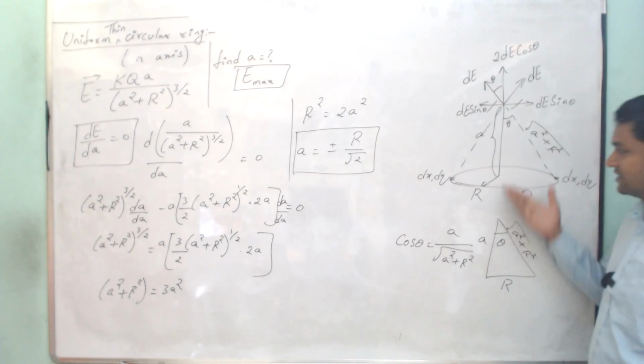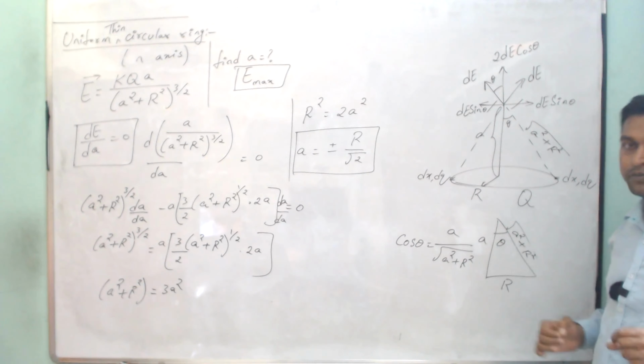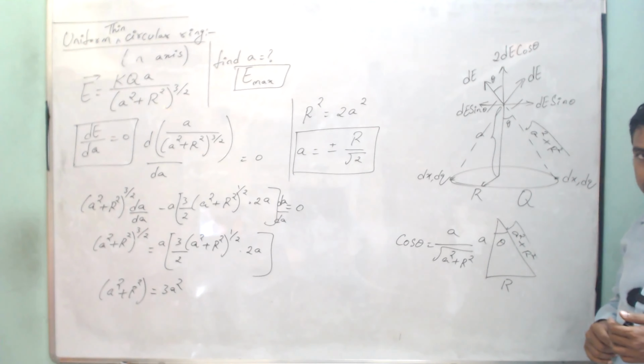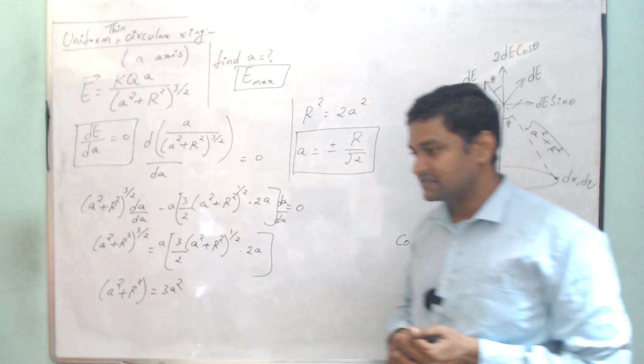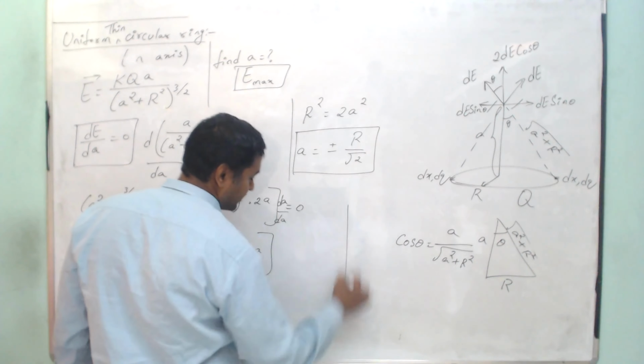It means above r by root 2 or below r by root 2, at both points I will have a maximum. Yes, you can, because it can be symmetric over there. Are you getting my point?